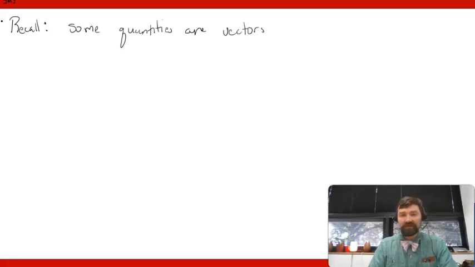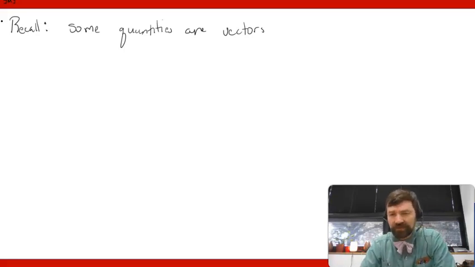Others are scalar quantities: distance traveled, speed of the object. To some extent, you could say direction is quasi-scalar. It's a plus or minus sign, but really adding a direction to stuff is what makes a scalar into a vector.